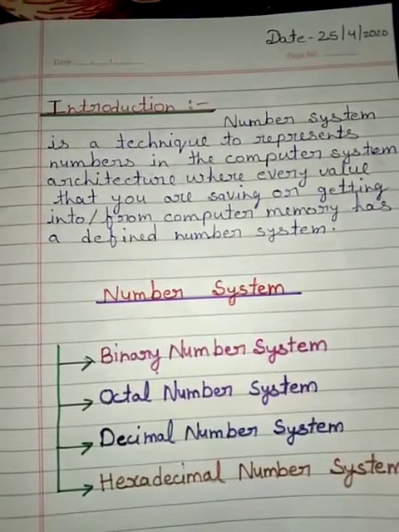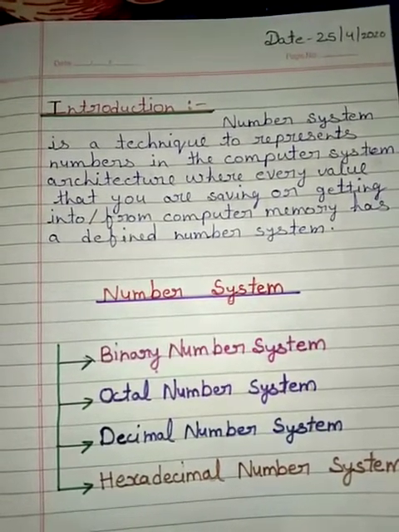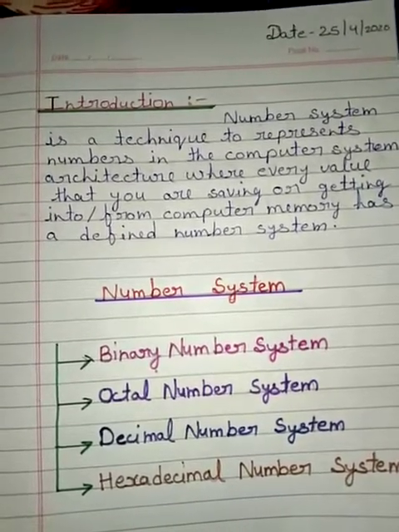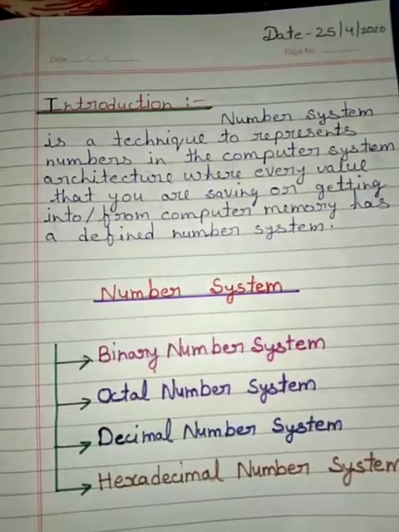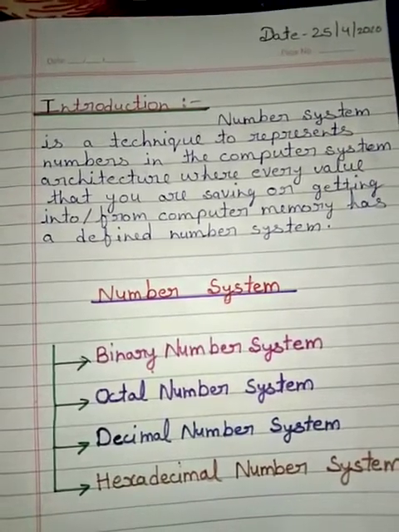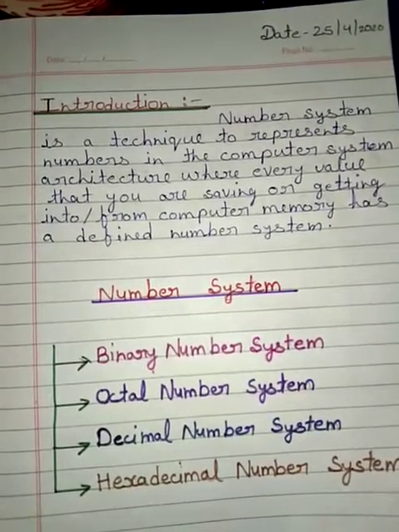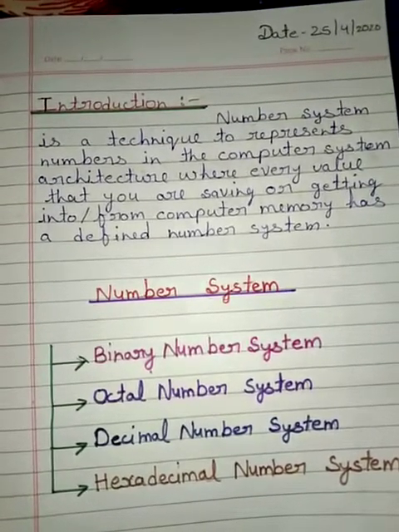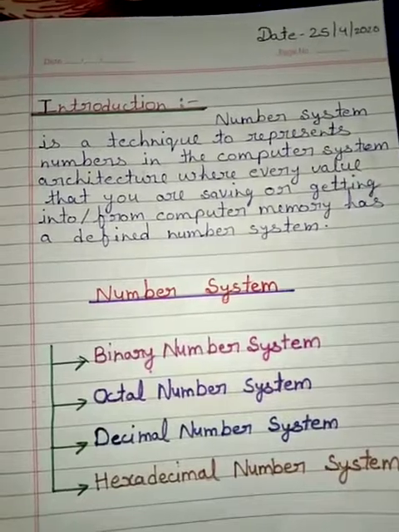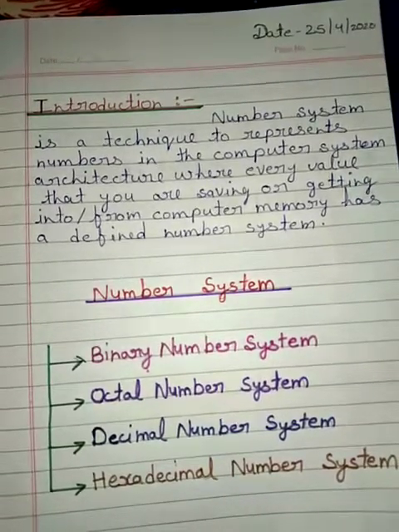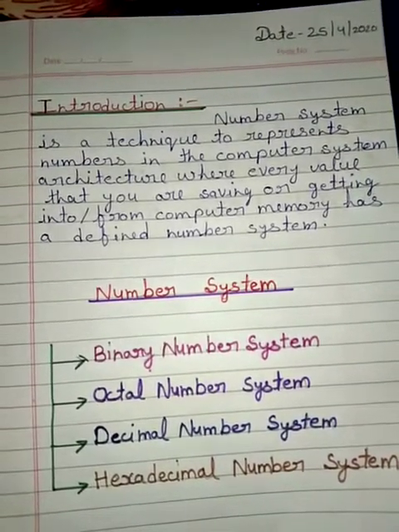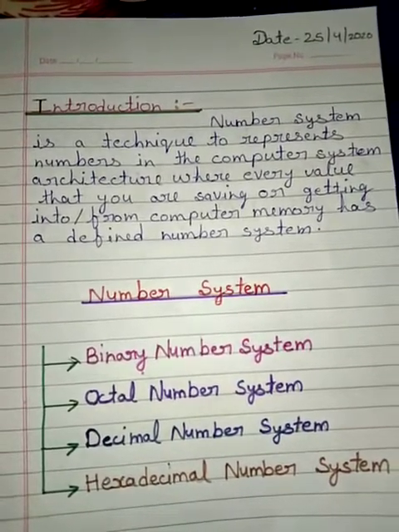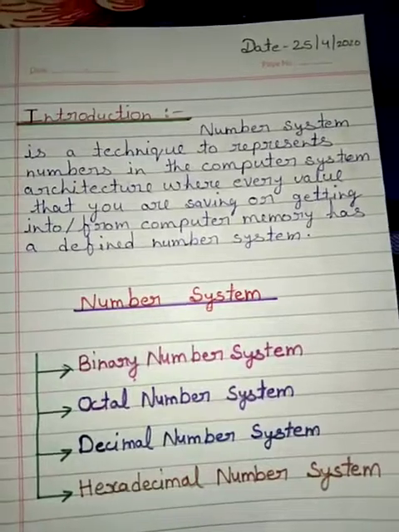The binary number system is also a positional notation numbering system, but the base is 2 instead of 10. When we write a binary number, each binary digit is multiplied by an appropriate power of 2, which is based on their position in the number. Okay.